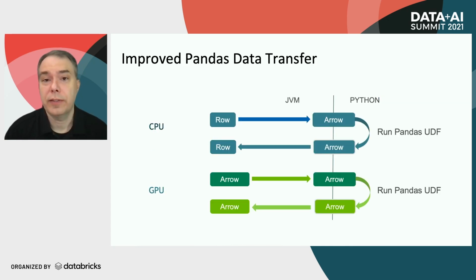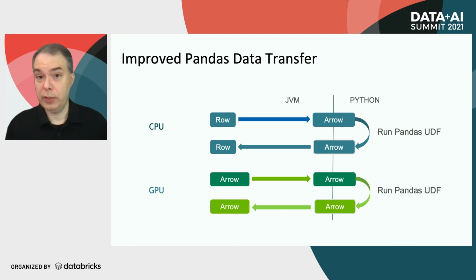So for Pandas, if you're familiar with Pandas UDFs in Spark, Spark is executing on the JVM. Pandas, of course, is executing in a separate process in Python. And every time that Spark needs to talk to the Pandas UDF in the query, it has to transfer the data over to Python. And Pandas operates with the Arrow format, a columnar format. And Spark on the CPU is executing row by row.